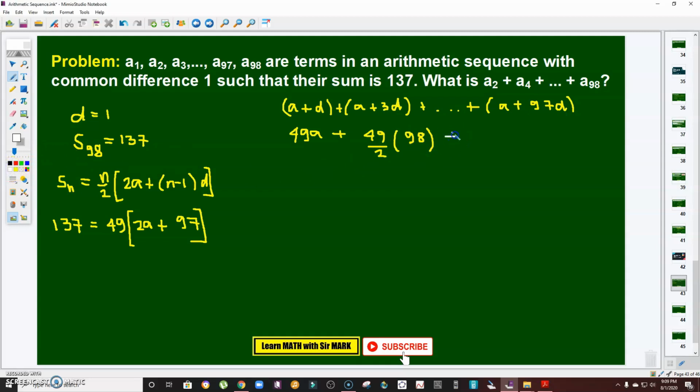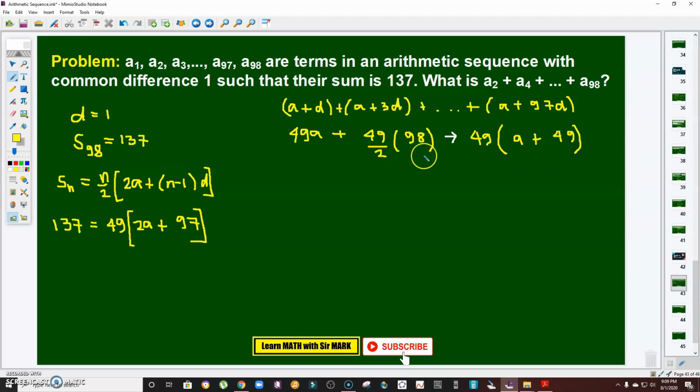And from here, this one can be written as 49 times a plus 49 times 49. Right? Because this will cancel: 98 over 2 will become 49. So if I factor out the 49, what will be left here is 49.